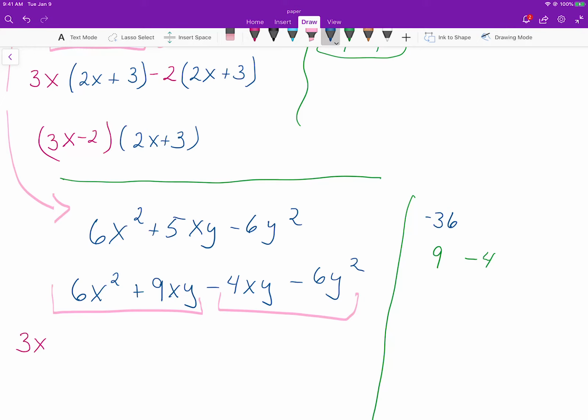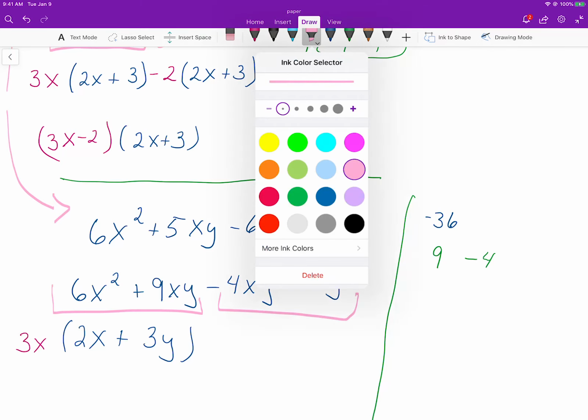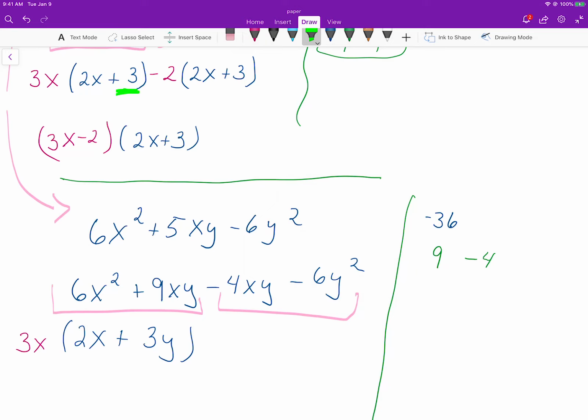And then what we're left with is 2x plus 3y. And different than the problem we have above, where we had just a 3, now in this problem we added back in the y, and that's why we have the 3y. Because if I had 9xy and divided by 3x, that's why we're left with the 3y.